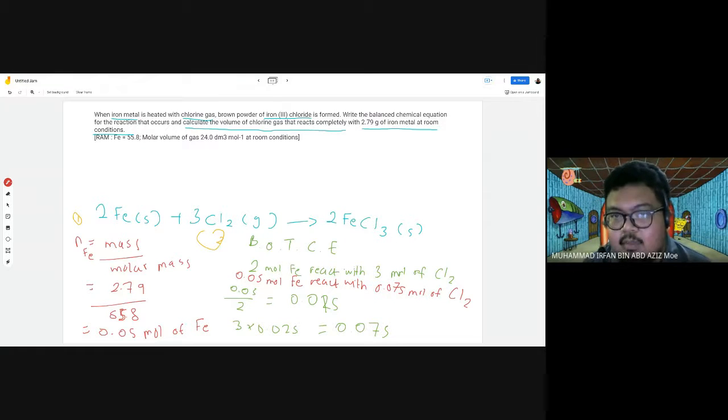So for step 3, I write it above so everyone can see easily. Step 3, we calculate the volume of Cl2. n is equal to volume of gas over molar volume.